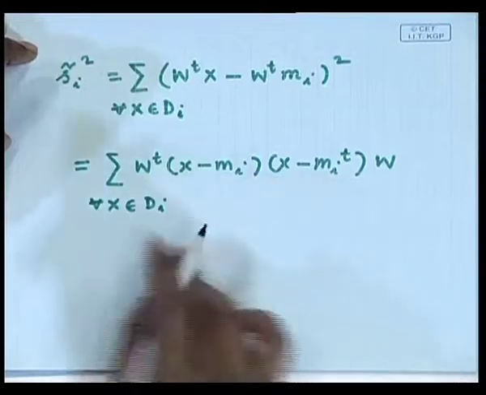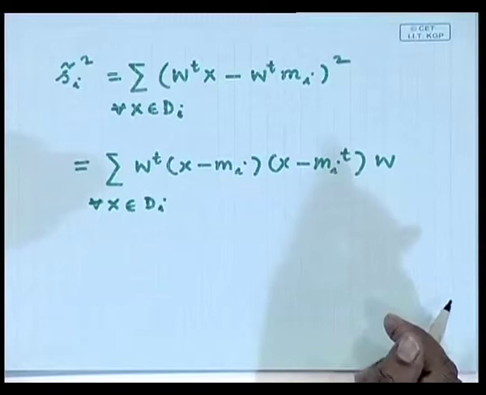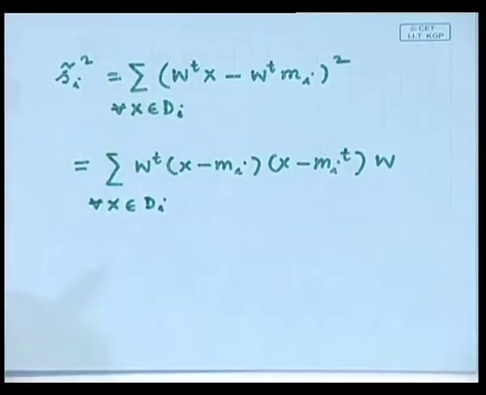Okay. Now, given this, you find that this W, which is independent of x, I can take outside the summation.